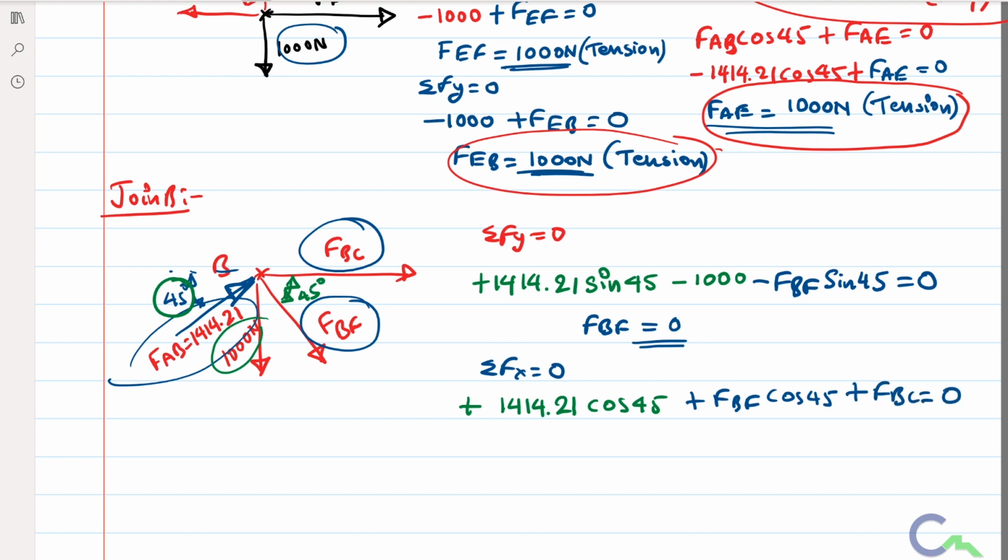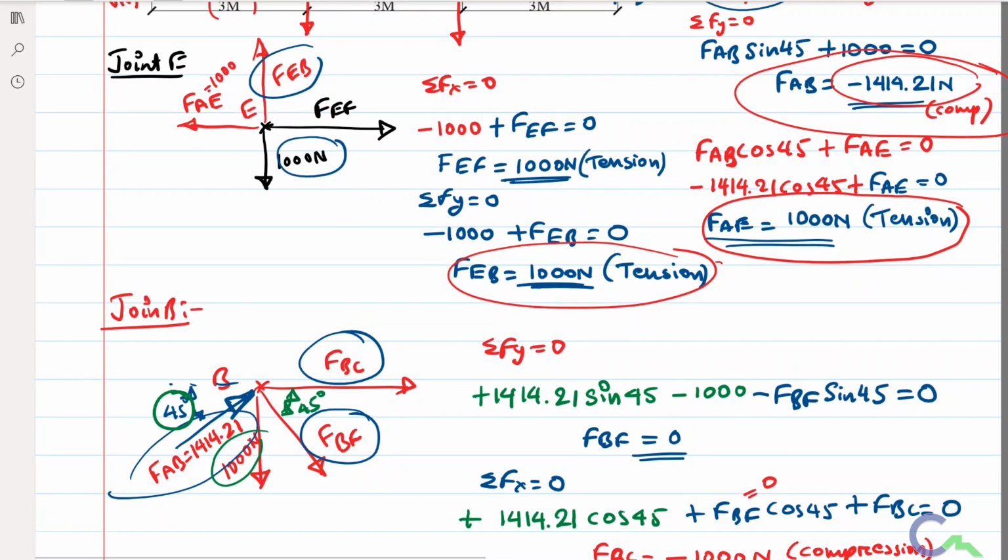FBF is equal to 0, so we will end up with FBC is equal to minus 1000 Newton. That means our initial assumption is wrong. FBC is in compression.